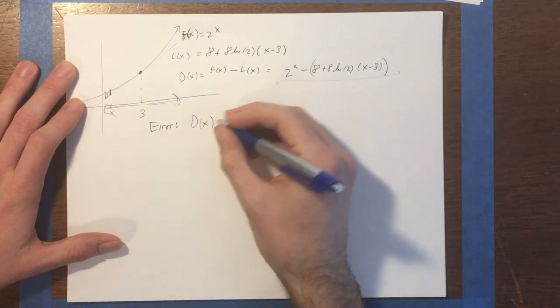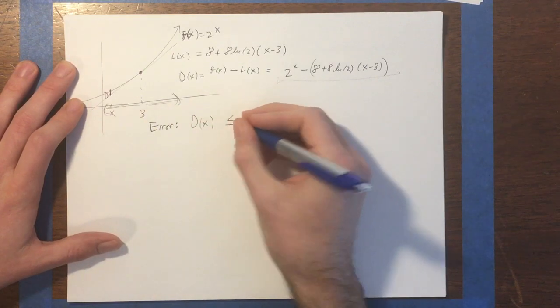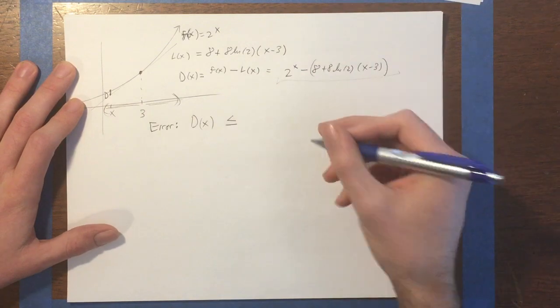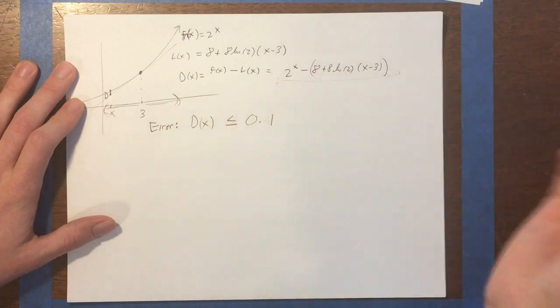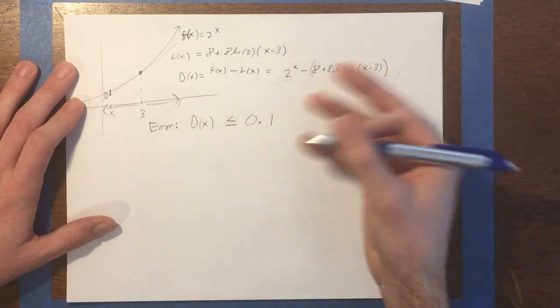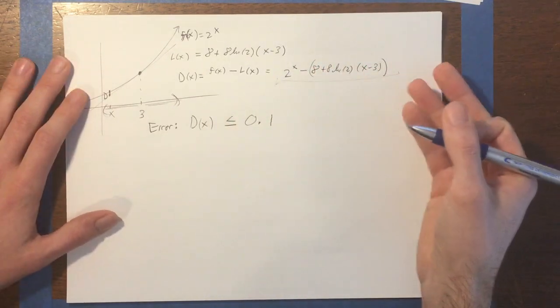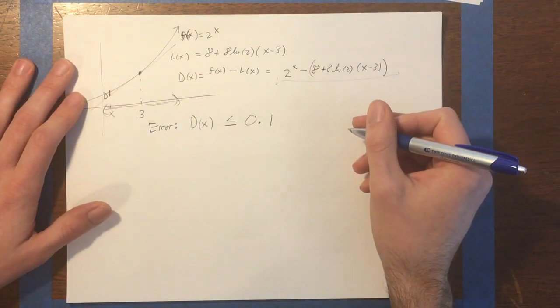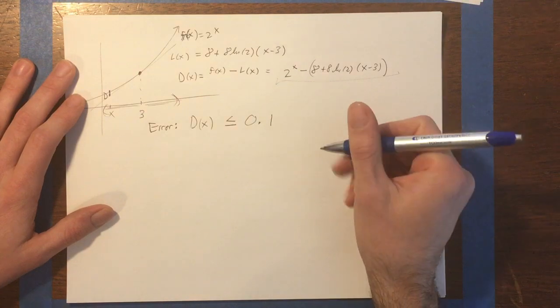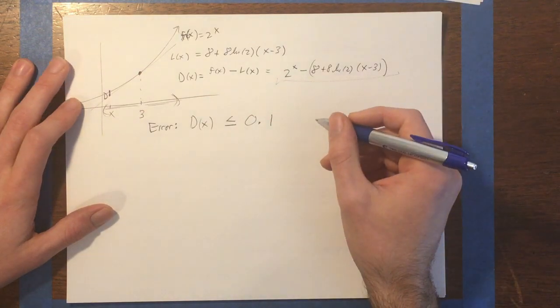What range of values is going to make it so that error is less than or equal to some maximum error that we're willing to accept? Let's say that we are willing to accept an error up to 1/10. Okay, I just pulled that number out of nowhere. Whatever, it's 1/10. Maybe that's up to one decimal place difference would be acceptable. You can set that error as small as you want if you want it to be more accurate.